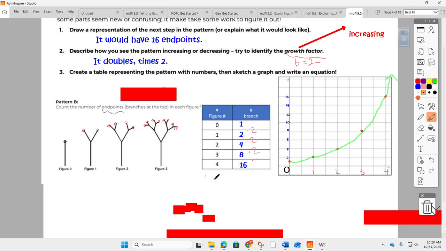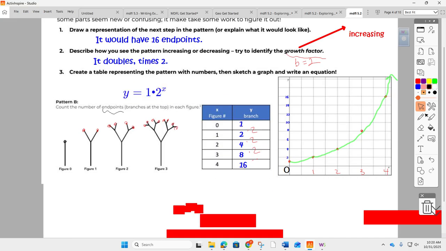Exponential, the graph of an exponential equation, if there's a growth factor, it's always going to be going up from left to right. Like a positive slope in a linear equation goes up from left to right. Starts low, goes high, because there's a growth rate. We should be able to recognize the growth rate in this equation.